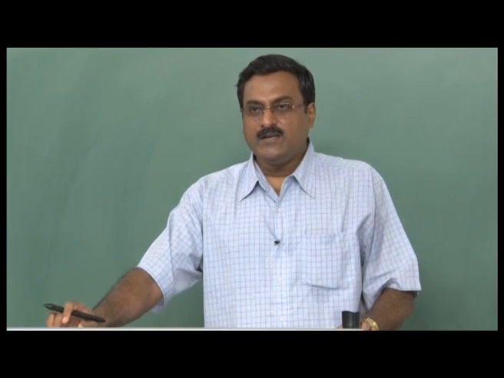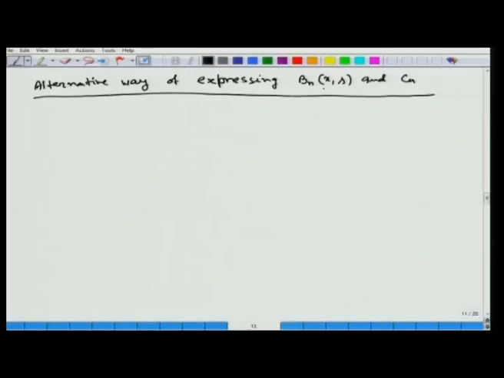Now, in this alternative approach we do not need the expressions for Bn minus 1 in order to calculate Cn, and the value of Cn and the expression for Bn minus 1 in order to evaluate Bn(x, s).